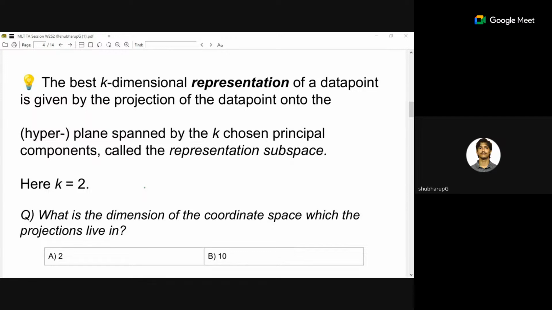And you just need a single number, units are in millimeters or centimeters, to represent a point along the edge of the ruler. You just need 5, which would denote 5 centimeters from the start of the ruler. So that's 1D.